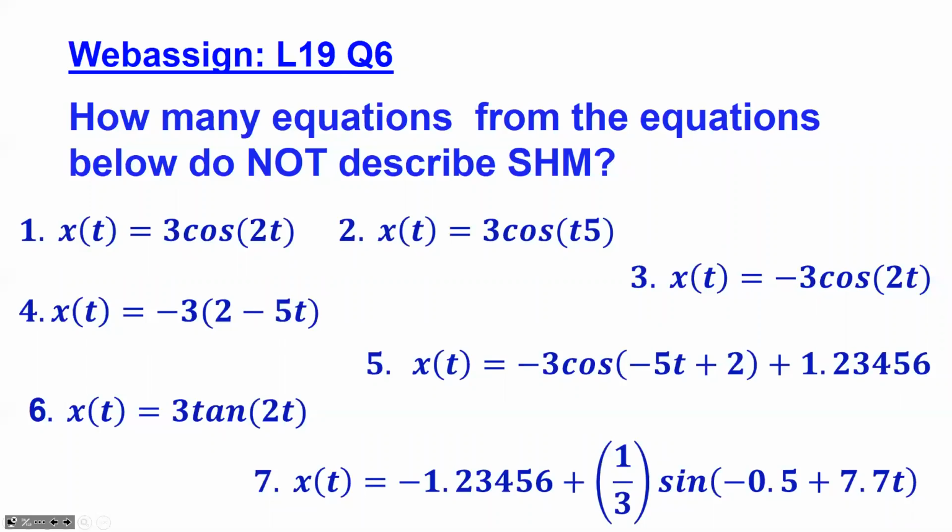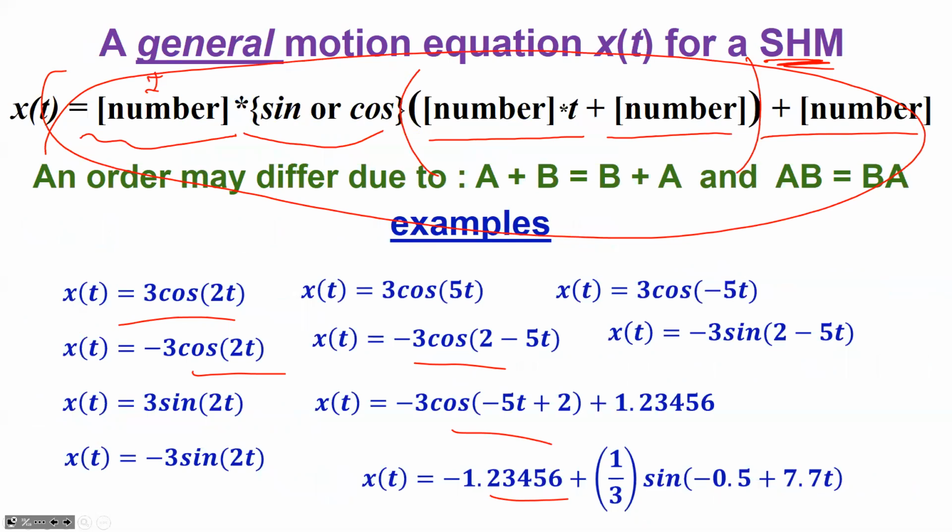So far, I see only 8 responses. And again, the general structure of any equation for a simple harmonic motion is this: a number, a function, number times time plus a number.